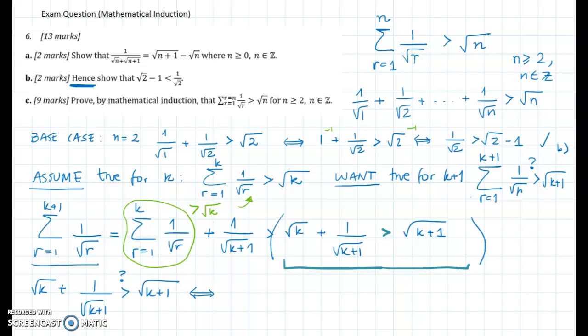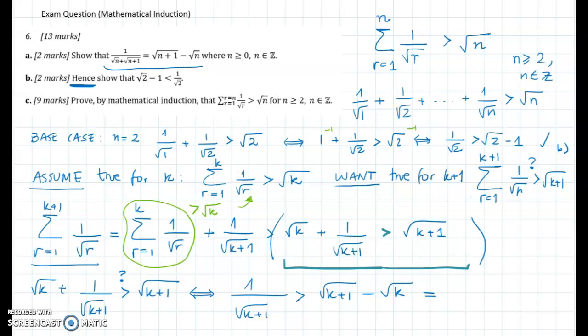This is true if and only if 1 over square root of k plus 1 is greater than square root of k plus 1 minus square root of k, rearranging the terms. But what we have on the right-hand side is the same we had on the right-hand side on part A, just written in terms of k instead of n.